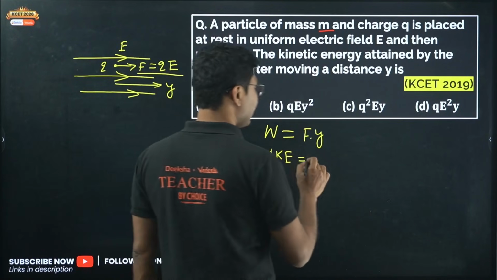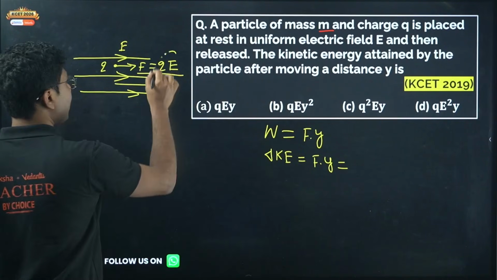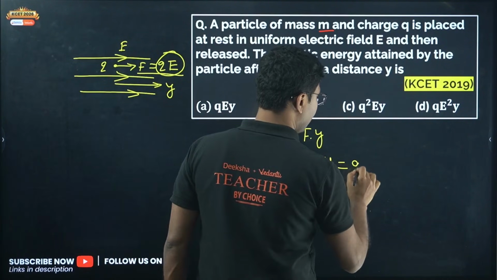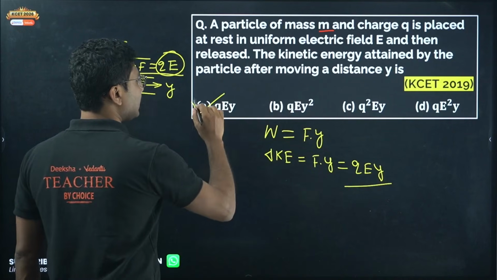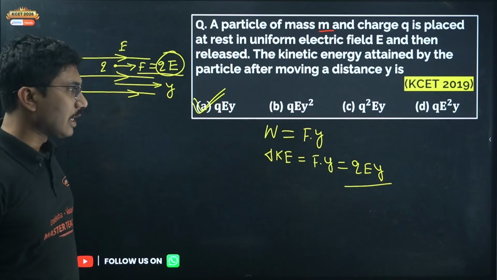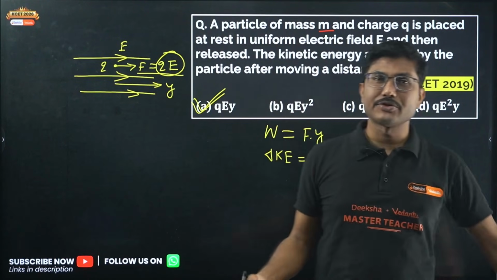So the change in kinetic energy is force into displacement. Force is given by QE, so it will be QE into y. So the correct answer is option A. Very easy question. Now KCET basically is a mixture of easy and difficult questions.